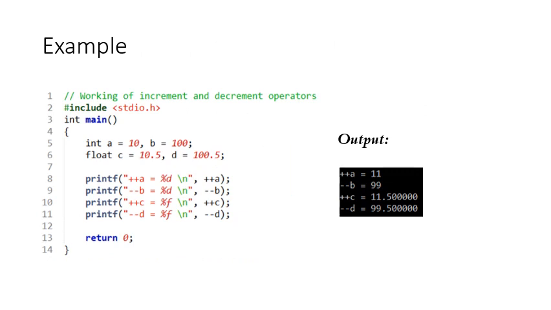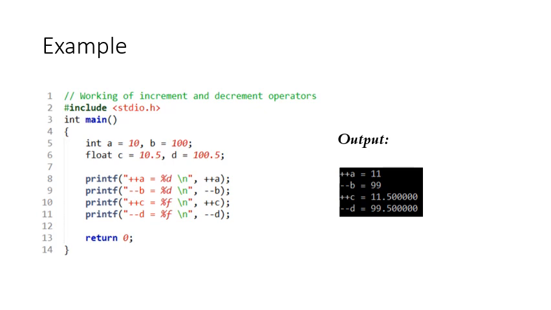Okay, so let's have an example. Assuming we have integers a and b with values 10 and 100, in line 5, and we also have float variables c and d with values 10.5 and 100.5 respectively. In line 8, we would like to print the value of plus plus a.